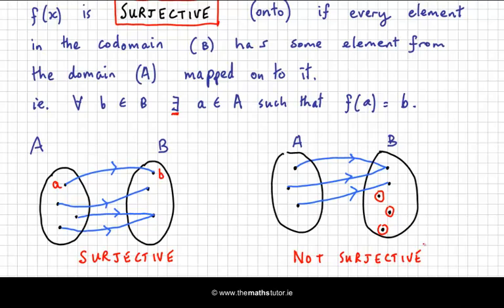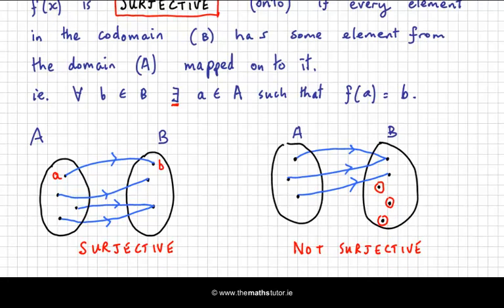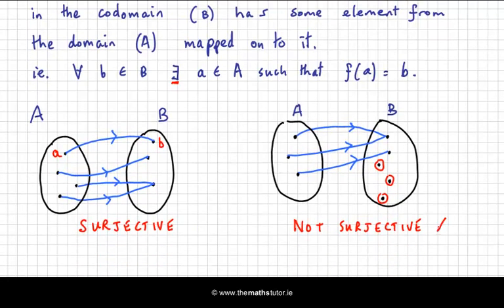Again, if we look at the definition of surjective, it's also called onto, and there are three elements here in the codomain which have nothing mapped onto them. So for it to be onto, everything in the codomain must have something mapped onto it. So this one is not surjective. But this one is.